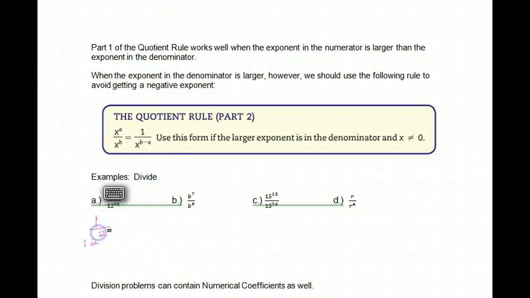So we have 20 minus 17, and that gives us 1 over 12 cubed. 1 over 12 cubed.